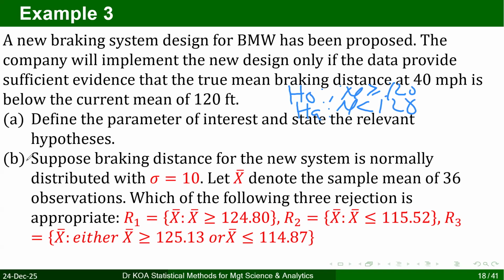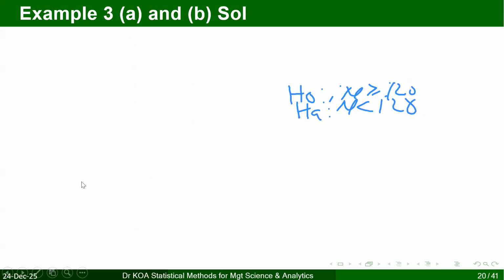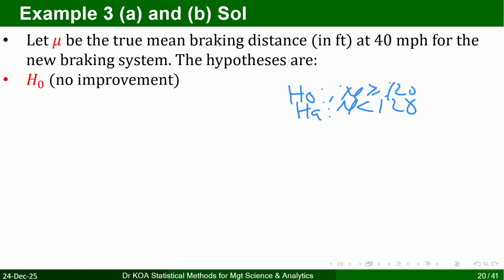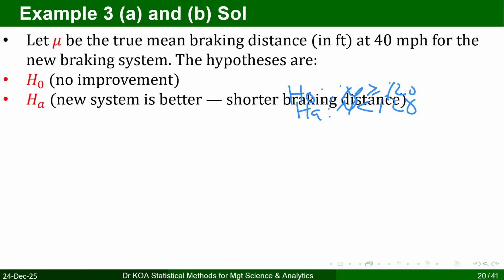So that's how you define it. Doc, in the definition, do you need to put the 40 miles per hour there? No. The 40 miles has nothing to do with it. The 40 miles is not the mean. The mean is 120. The 40 miles is just the rate of speed.